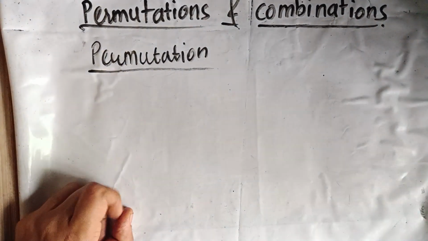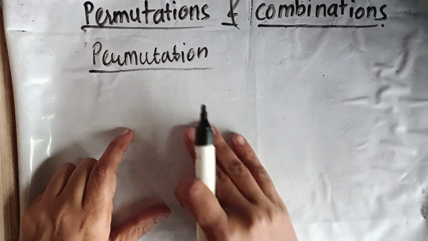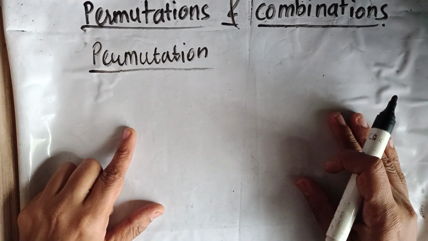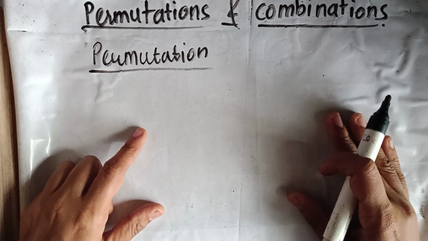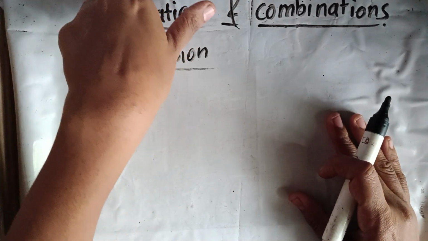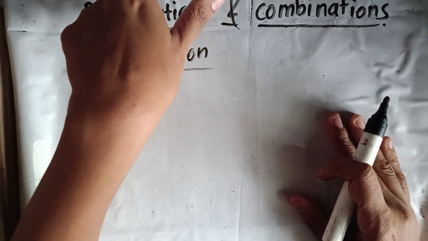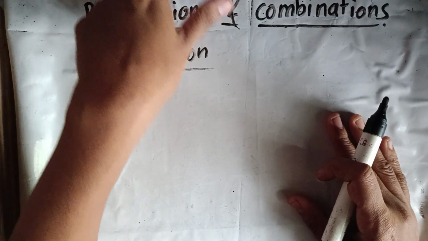Next question. These questions are from the textbook. How many numbers lying between 100 and 1000 can be formed with the digits 0, 1, 2, 3, 4, 5 if the repetition of the digits is not allowed?